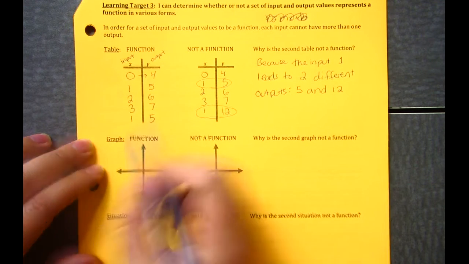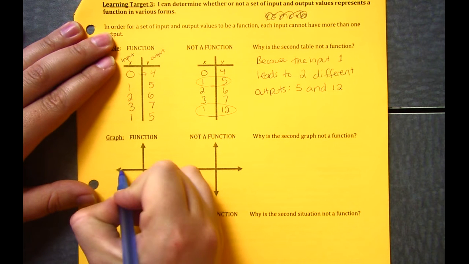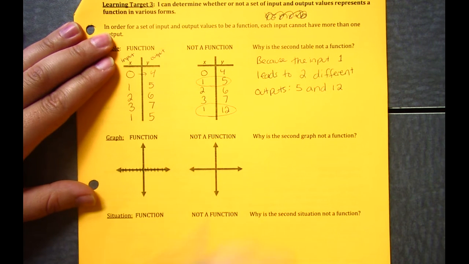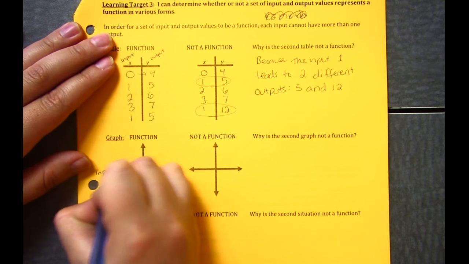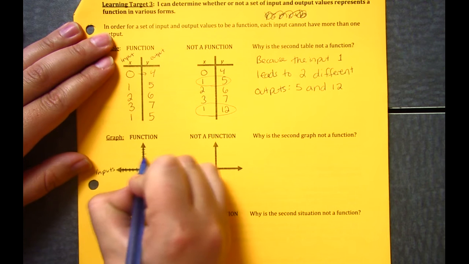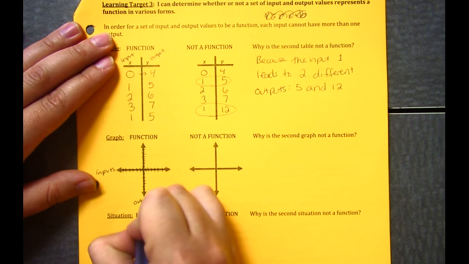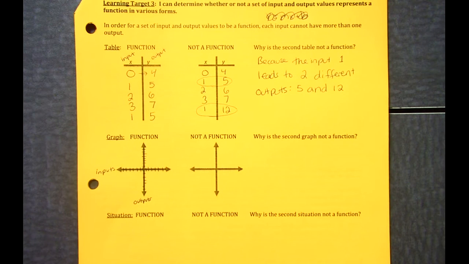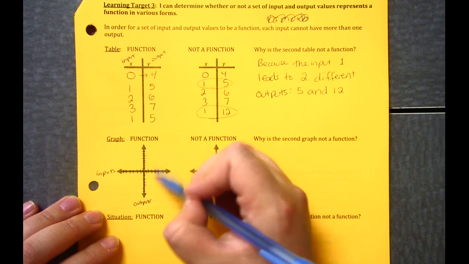Now let's look at graphs. Just like the x represents the inputs and the y represents the outputs, all these x lines, those all represent different inputs. And all of these y values represent different outputs. So we want to make sure that our graph never has one input that has two outputs associated with it.